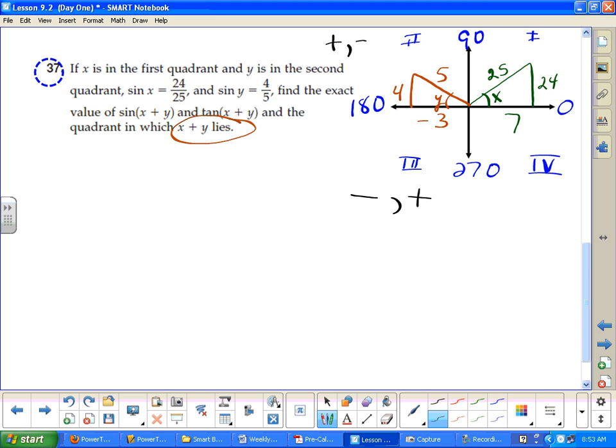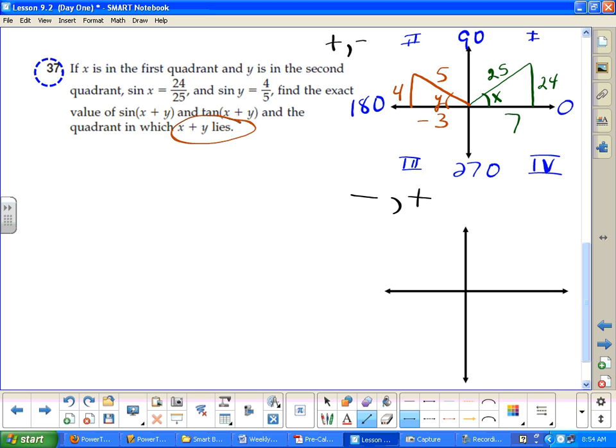Now, let's think a little bit further. Let's actually think about our triangles for a second. Are my triangles realistic? If I was to draw them more appropriately, because I just drew true triangles, in the first quadrant it should actually be closer to something like this, 24, 7, and 25, right?